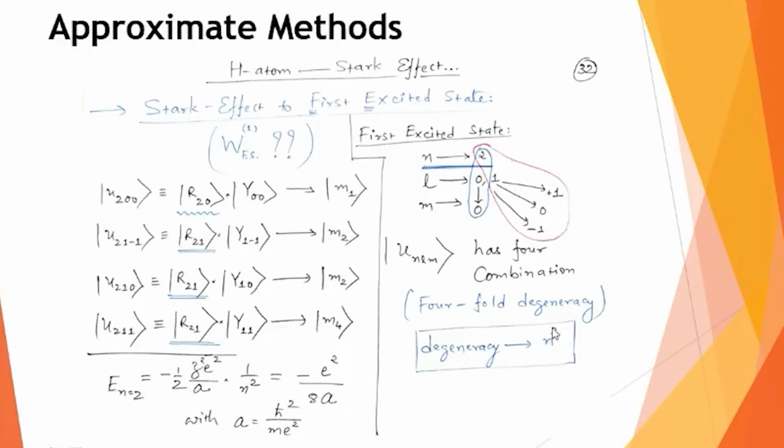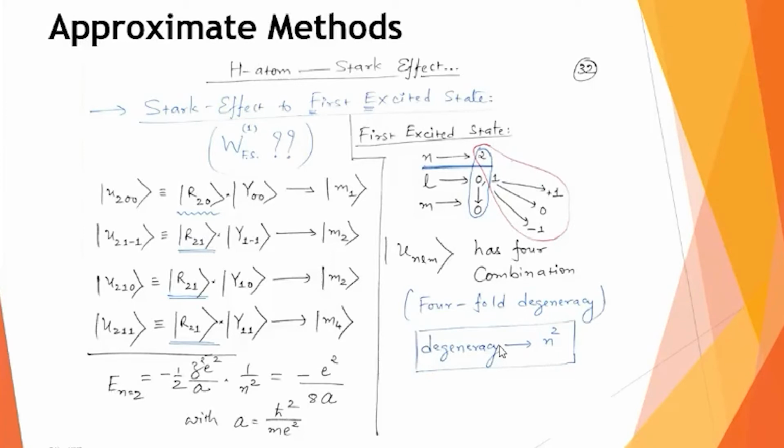For the ground state, n square is 1 and therefore there is no degeneracy. It is the non-degenerate case. For the first excited state where n is 2, you can see there are four states giving the same energy, so it is a four-fold degenerate state. Similarly, if you go to the second excited state, n equals 3, then the degeneracy will be 9-fold. So what it says is that when you are considering the first excited state, it is the degeneracy that has to be taken care of.